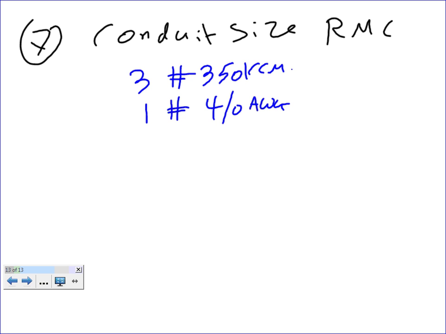AWG. Now we want you guys to take this one to chapter 9, table 4. What's the insulation? Insulation for both of them is THHN. See how we did it?